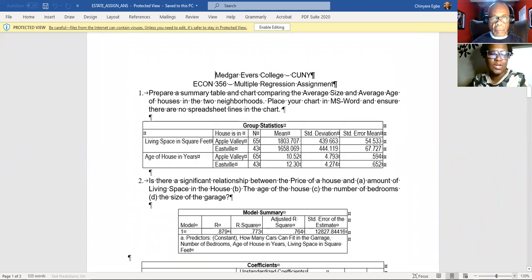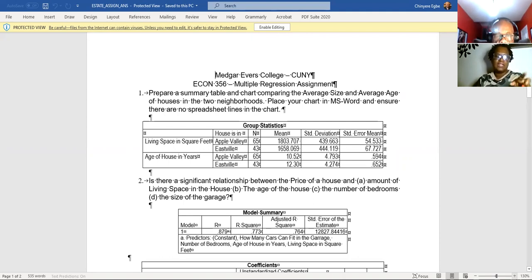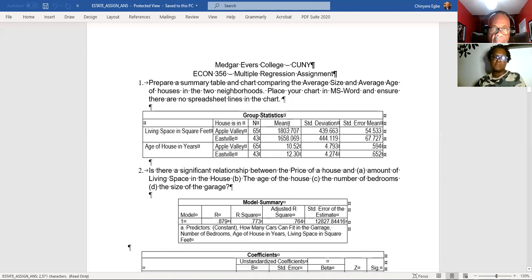So I did 1 and 2, and then I think I did the other one. Okay. So here we say, prepare a summary table. So this is the summary table. Then essentially I asked you to do a chart of this summary table.